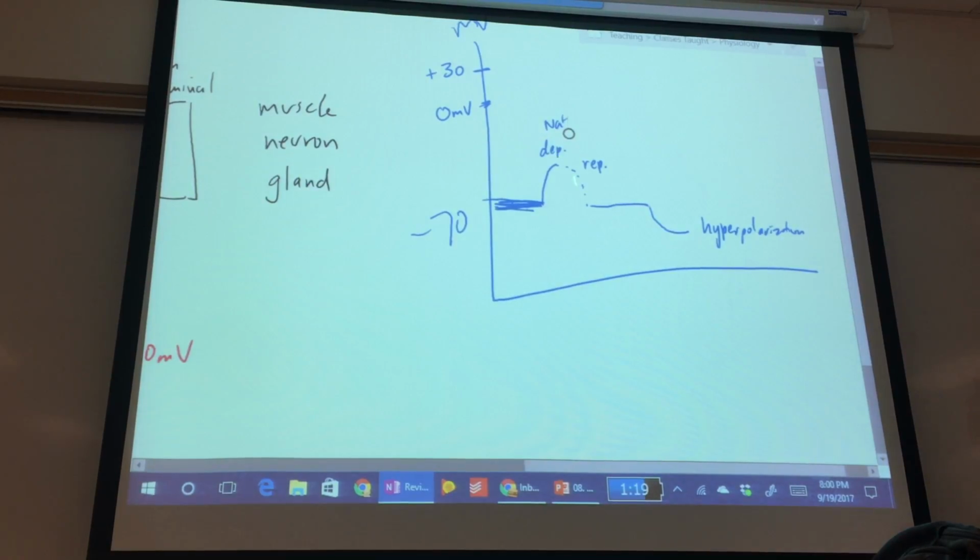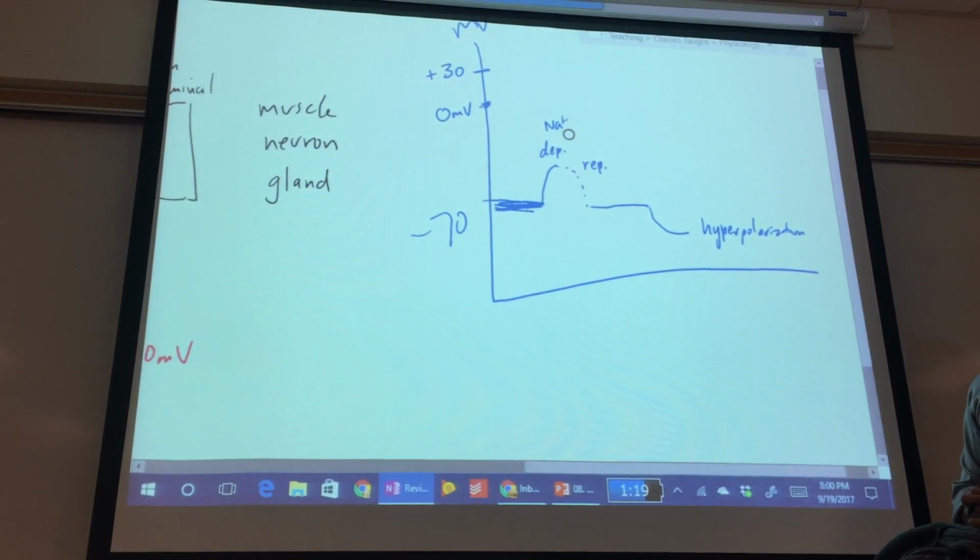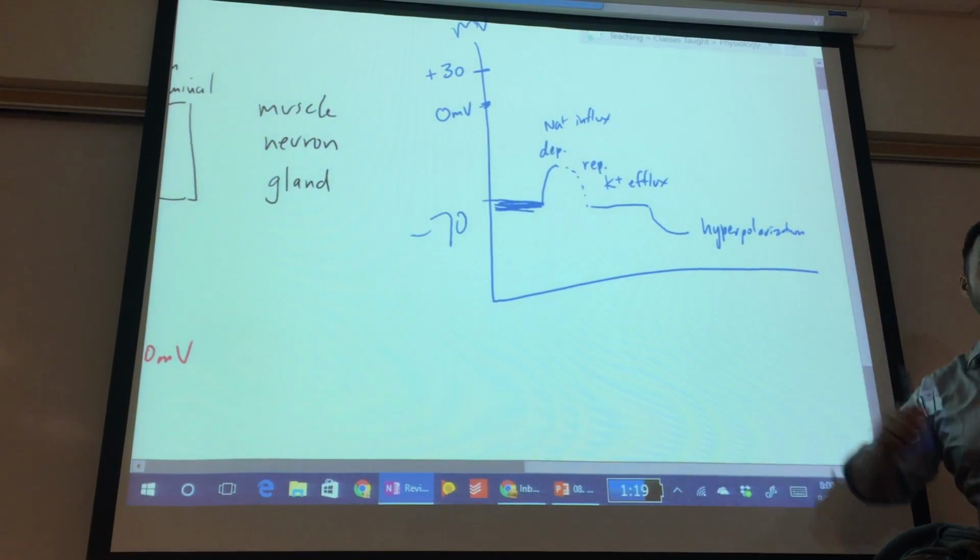Now, what would cause a repolarization? Group in the front. Repolarization. What would cause it to become more negative on the inside of the cell? Potassium moving out. I'll call it potassium efflux, sodium influx. Influx going in, efflux going out. And then hyperpolarization.